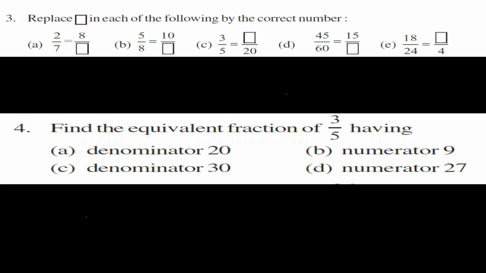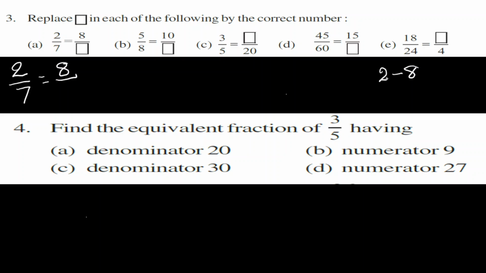Now let's come to the next problem. Replace the box in each of the following by the correct number. Here we have the fraction 2 by 7, and we need to find out the equivalent fraction. Here the numerator 2 becomes 8.